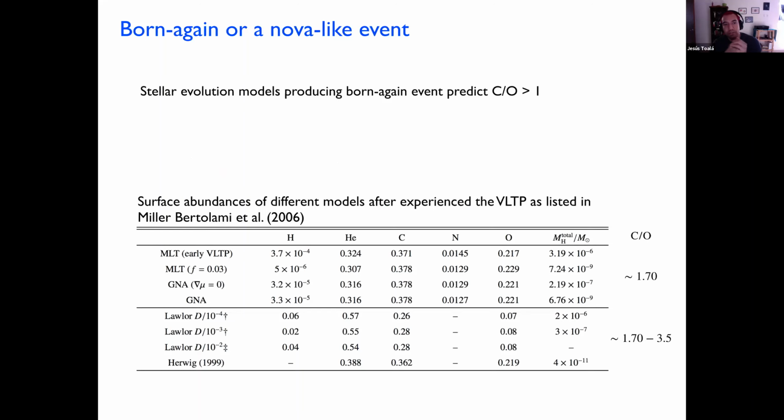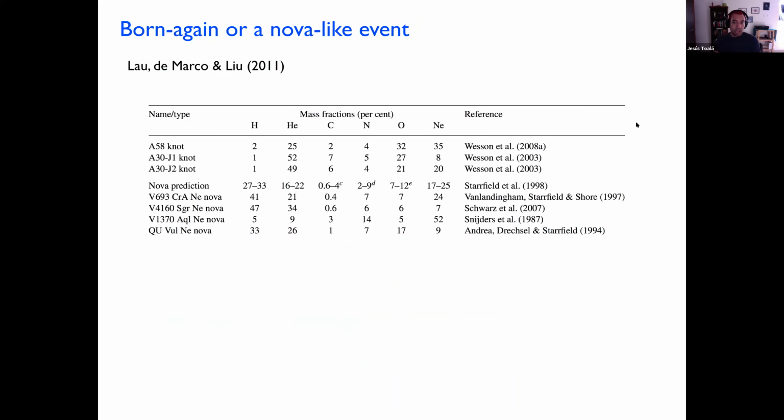Some of the stellar evolution models studying this born-again event predict that this carbon to oxygen ratio should be larger than 1. This is a table I took from Miller Bertolami's 2006 paper, with a couple of models varying different physics and comparing with other works. In general, the carbon to oxygen ratio is around 1.7 up to 3.5.